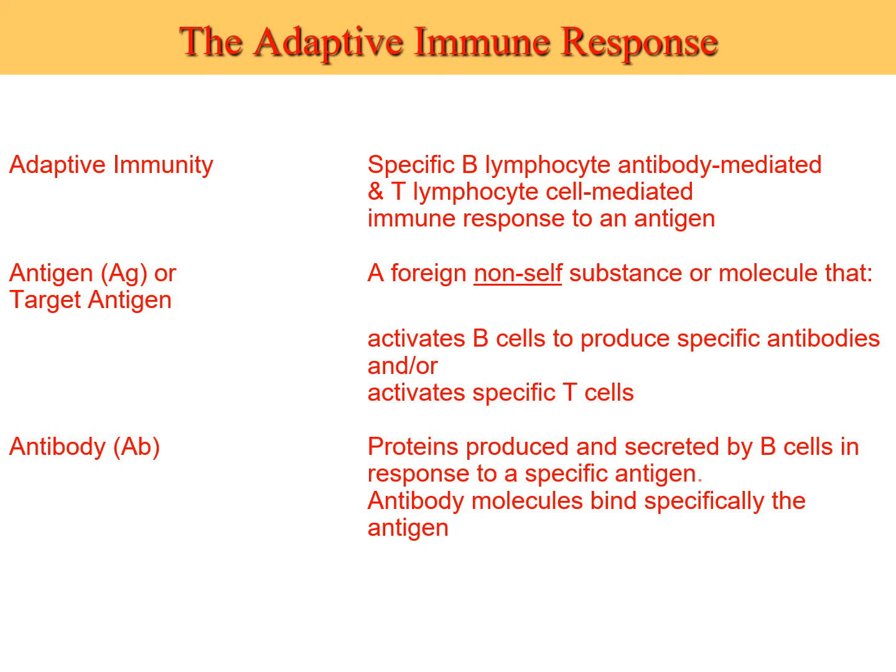If that thing manages to evade the innate system and is still around and even growing, and the infection is active, then you have enough time for your adaptive immune response, and you start having the right B cell or T cell or both multiplying and becoming large enough in numbers to have an effect.